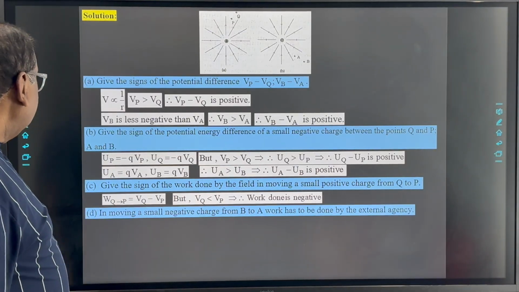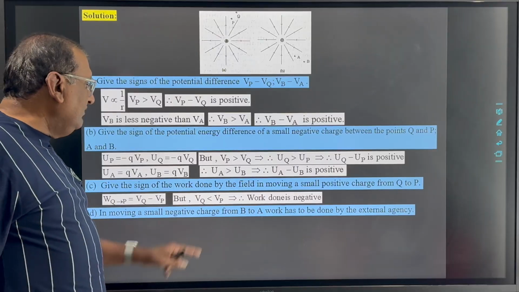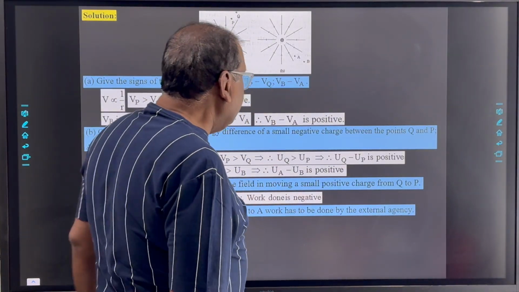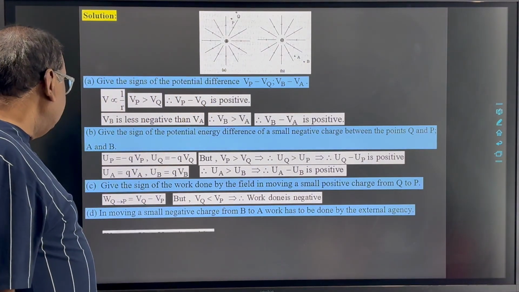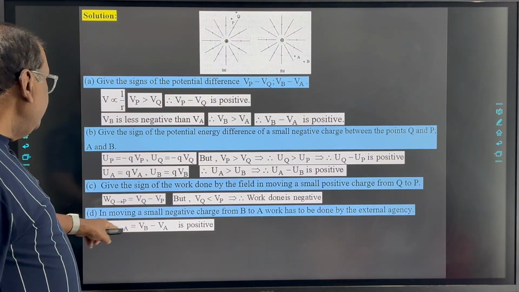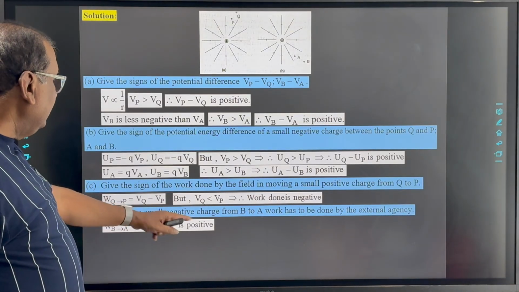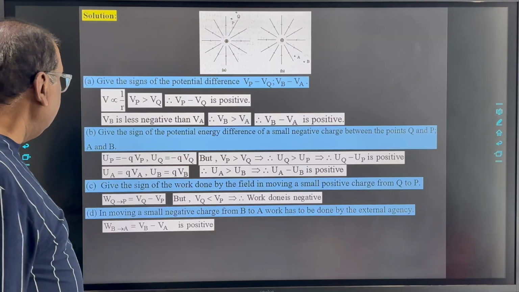Clear? Then in moving a small negative charge from B to A, work has to be done by the external agency. So work from B to A is proportional to Vb minus Va, and as per previous it will be positive.